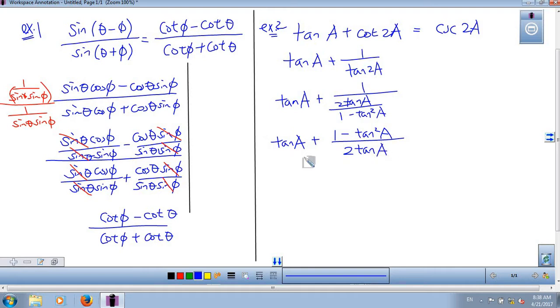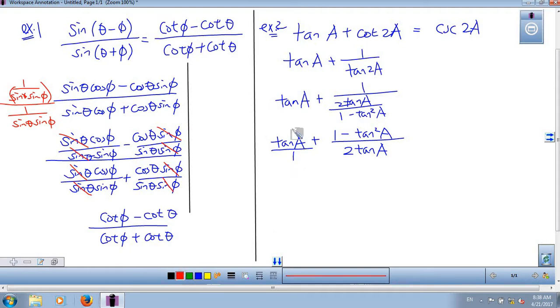All right. So now we want to go ahead and combine the fractions here. The denominator here is going to be 2 tangent A, right? But right now it's 1.